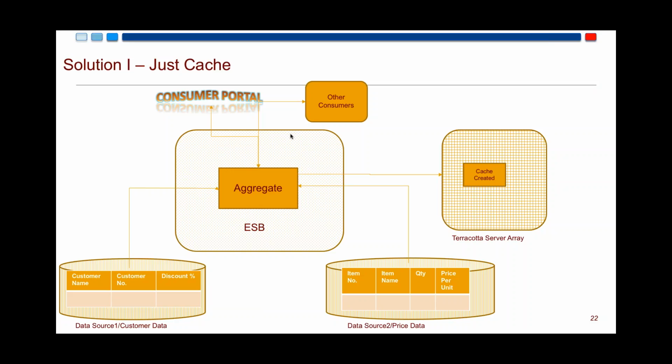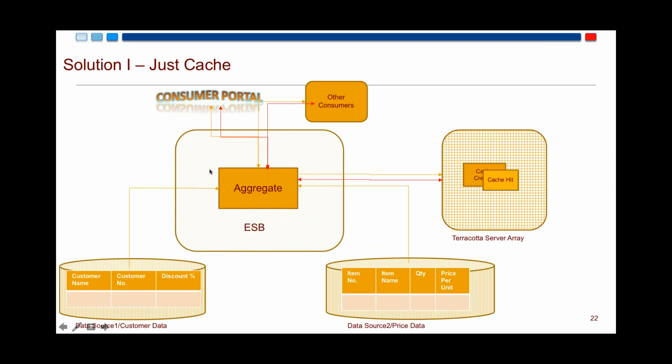But when any consumer sends the same request with the same input signature, instead of going to the data sources, it hits the cache on the Terracotta server array, gets the key-value pair result, and sends the results back to the consumer.